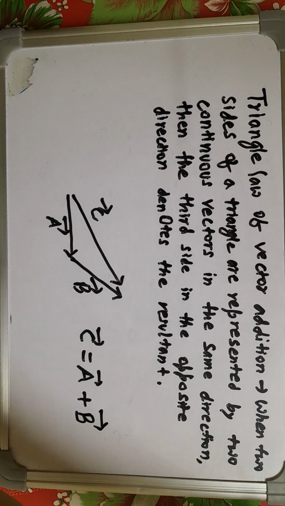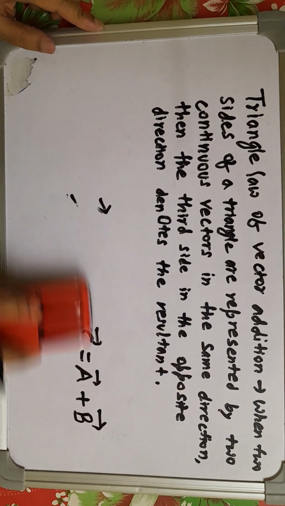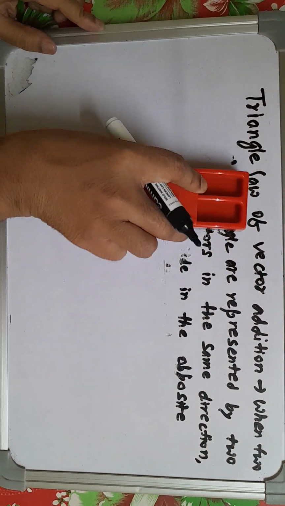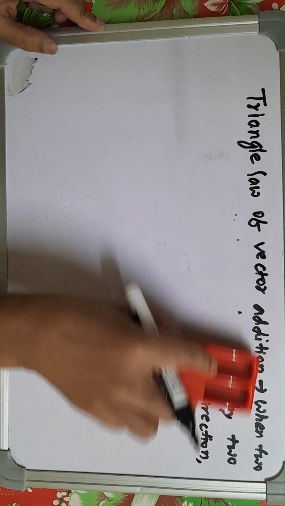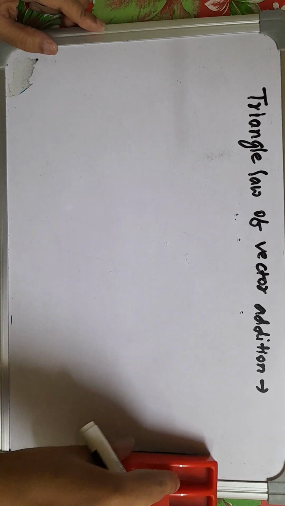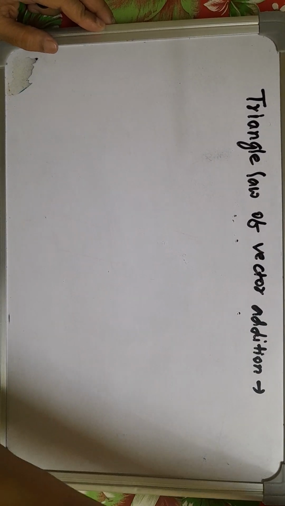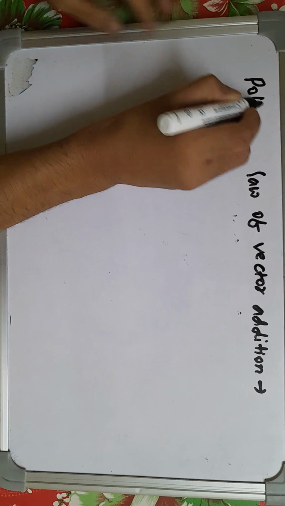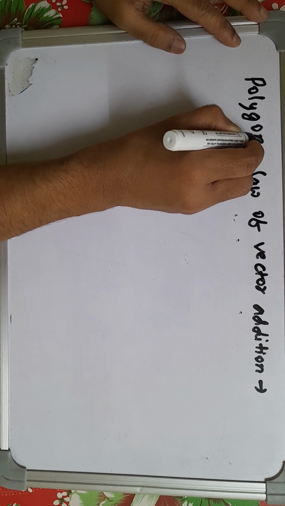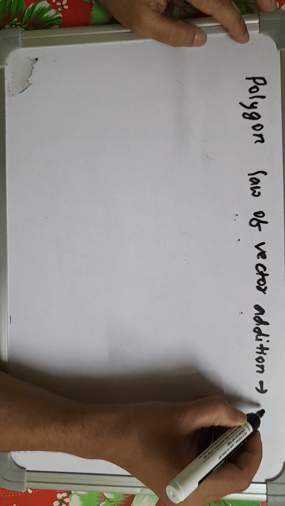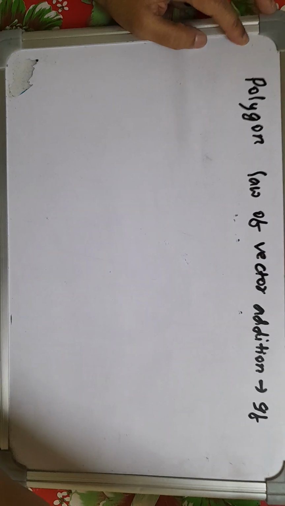In the same way, there is also the polygon law of vector addition. So what is the polygon law of vector addition?